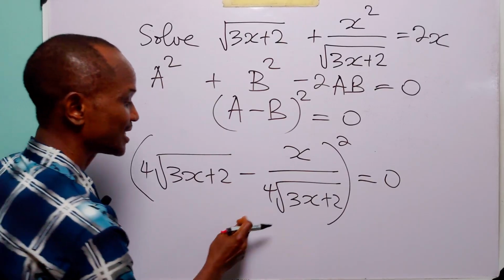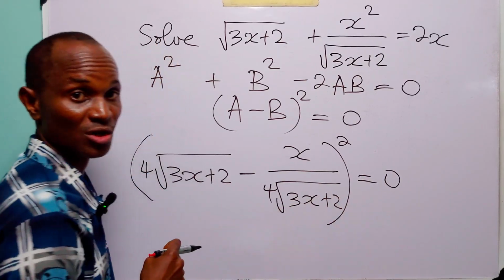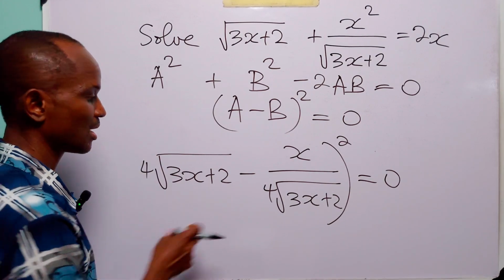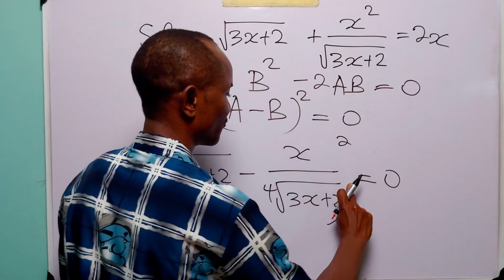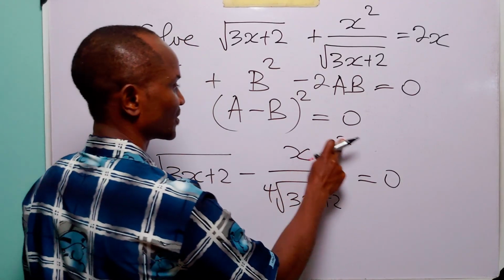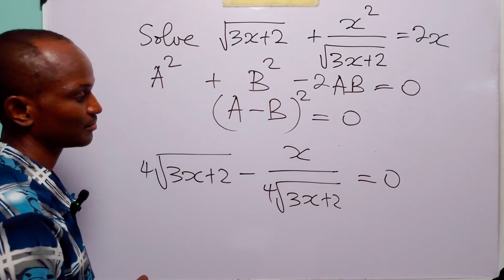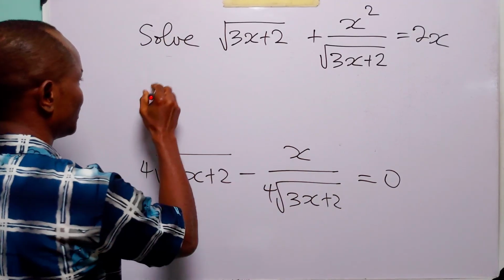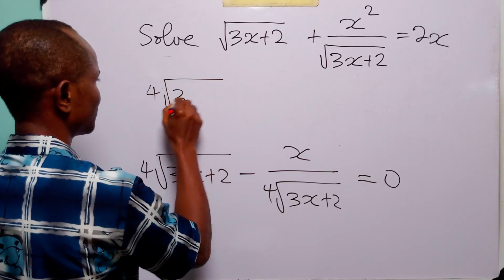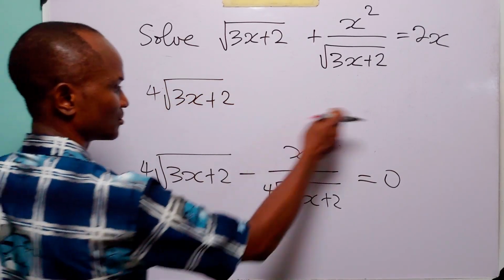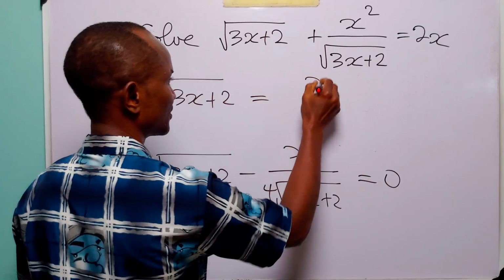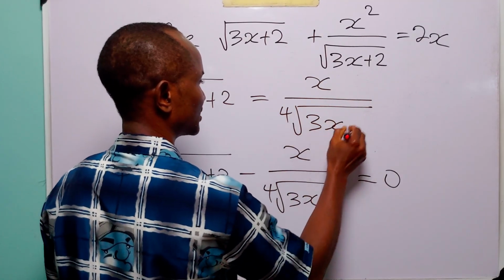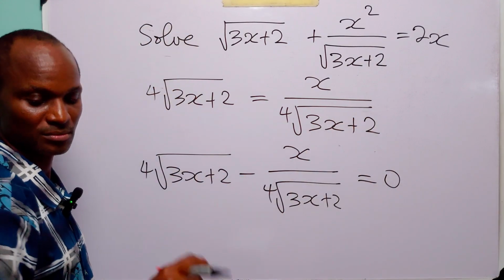And of course, you know that when we take square root of both sides of this equation, we have that the fourth root of 3x plus 2 minus x over the fourth root of 3x plus 2 is equal to 0. And of course, from here we have that the fourth root of 3x plus 2 is equal to x over the fourth root of 3x plus 2.